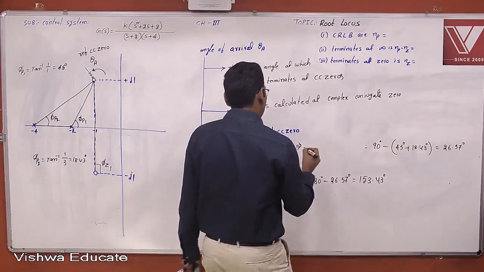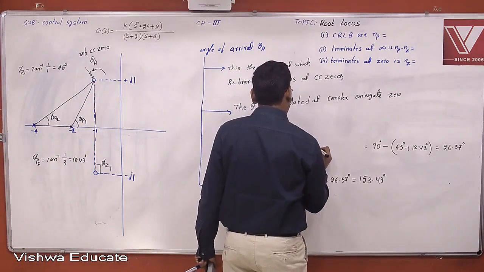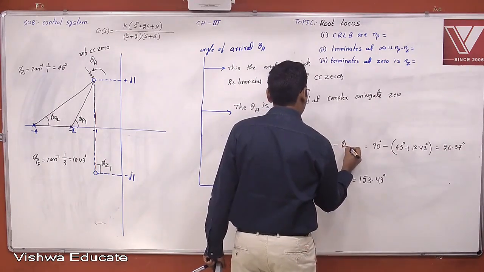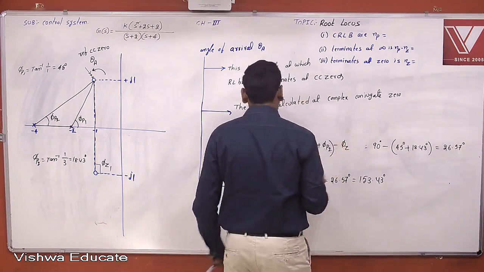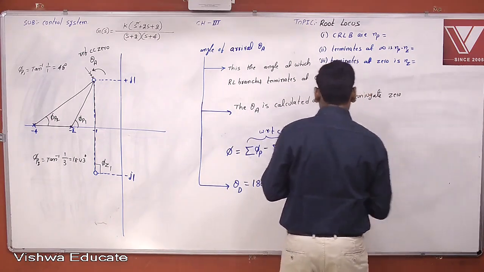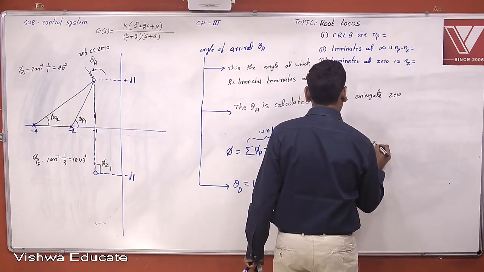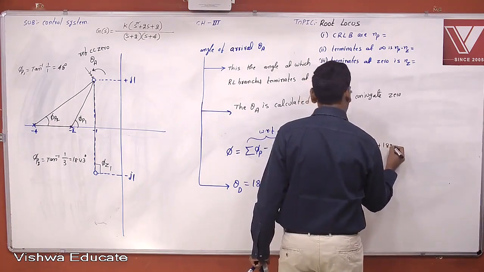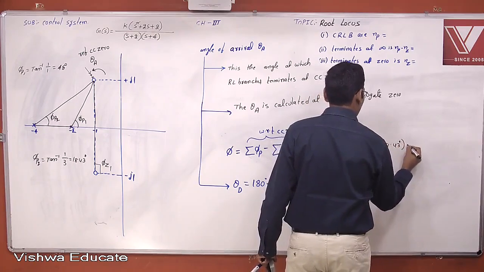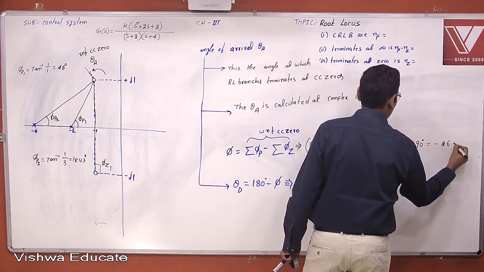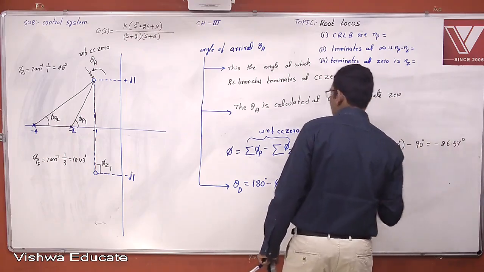Therefore, the sum of the angles made by poles, phi P1 plus phi P2, minus the sum of the angles made by zeros, is 45 degrees plus 18.43 degrees minus 90 degrees. Therefore, minus 26.57 degrees is the phi.